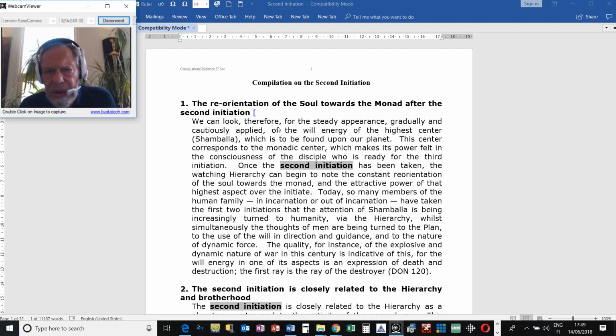It's also, in a way, from a higher point of view, a chain center, and from the highest point of view, it is a scheme center. So there are many representations of the scheme Shambhala within the chains and within the various globes. This center corresponds to the monadic center, which makes its power felt in the consciousness of the disciple who is ready for the third initiation.